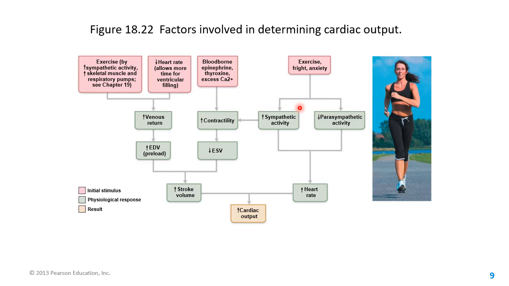Another thing here that is interesting: when you increase your sympathetic activity, you automatically decrease your parasympathetic activity, because those are opposing types of stimuli. If you increase sympathetic, you're going to decrease your parasympathetic. If you decrease your sympathetic, you're automatically going to have increased or higher parasympathetic effects, okay?